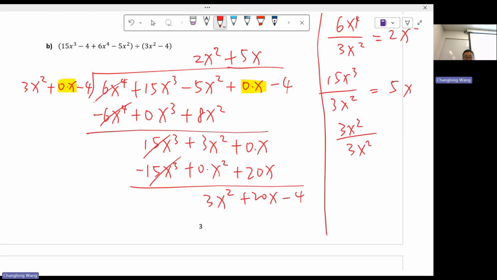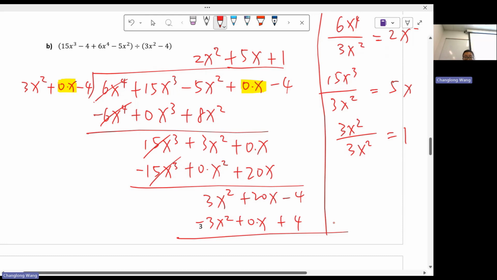Again, always dividing the leading terms. You get 1 for the one here, right? Well, that's easy, right? Coming back, you get the same thing. 3x squared plus 0x minus 4, right? Now, flipping the sign, don't forget, right? Add up, be left with just 20x.